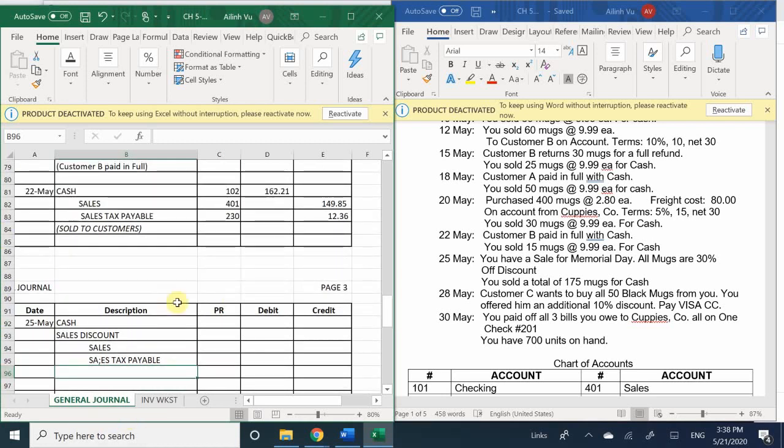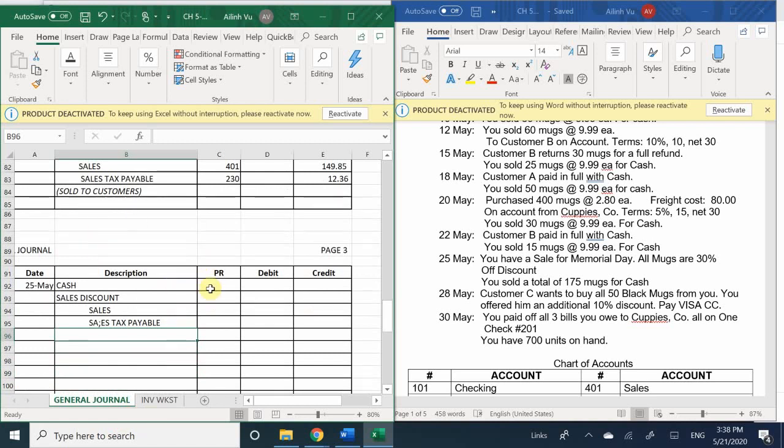Good. So let's go ahead and look at the numbers. What is cash? 102. What is sales discount? 405. What is sales? 401. Sales tax is 230. Okay, yeah, 401. That's right. Good.